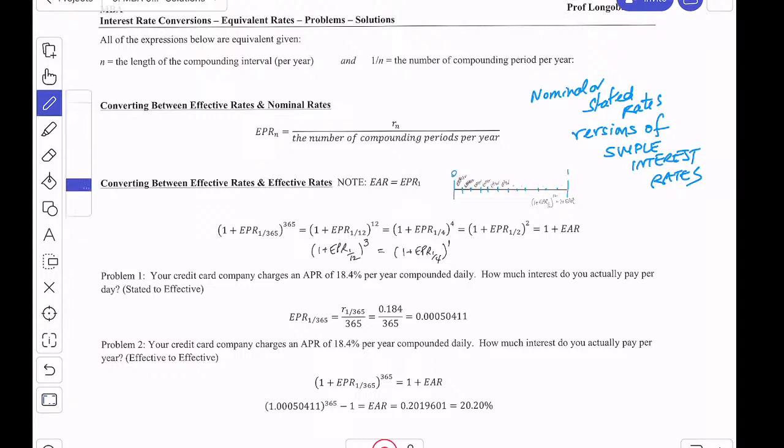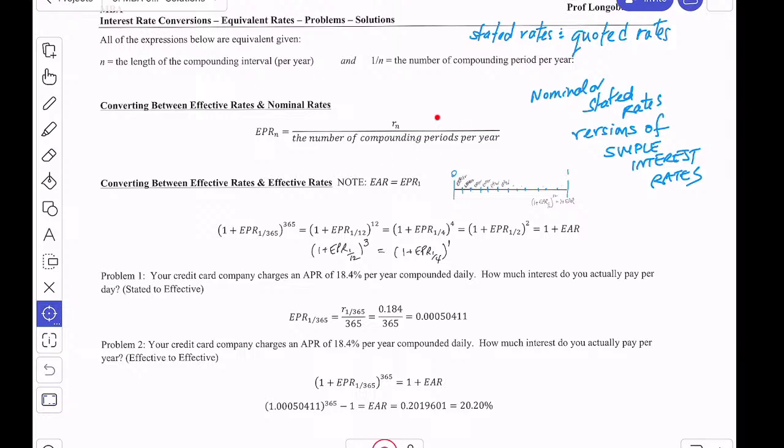So stated rates are the same as quoted rates. That terminology is interchangeable.